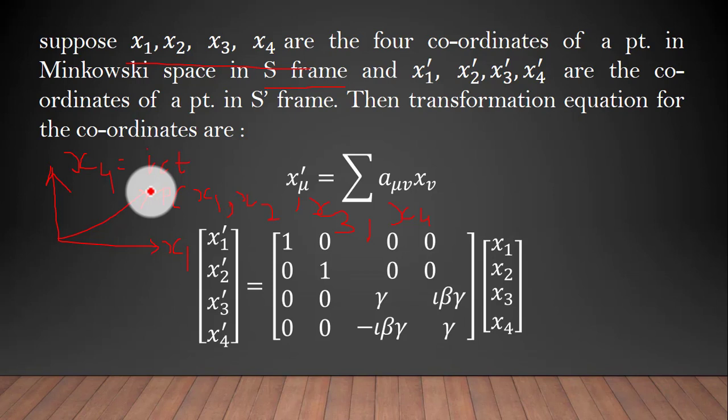So as this S prime frame is moving, the coordinates of any point P, which were x1, x2, x3, x4 in the S frame, will now change. Suppose x1 prime, x2 prime, x3 prime and x4 prime are the coordinates of this same point P in the S prime frame of reference.